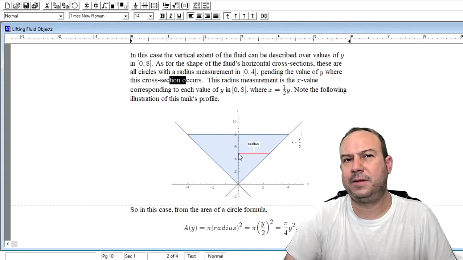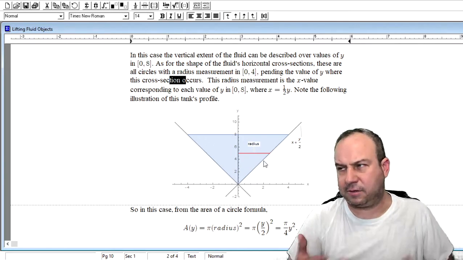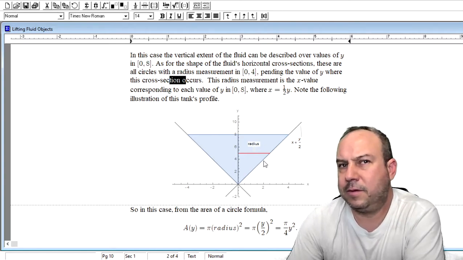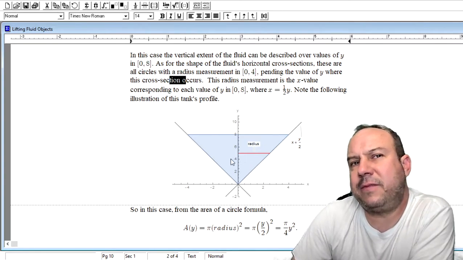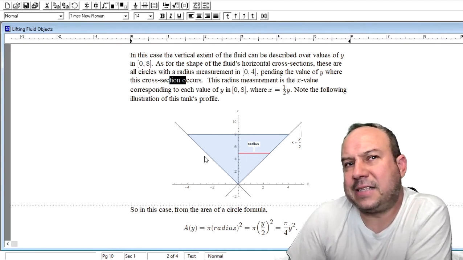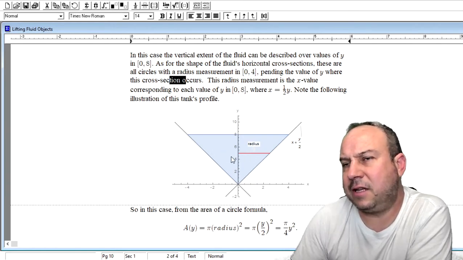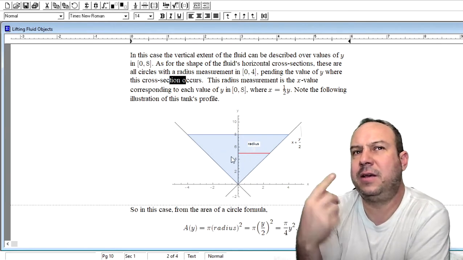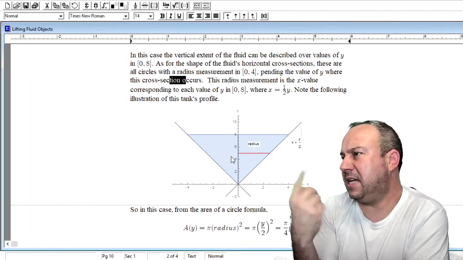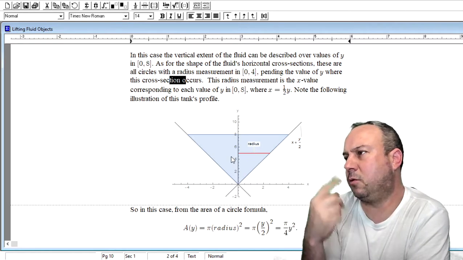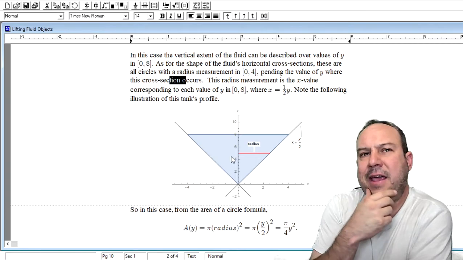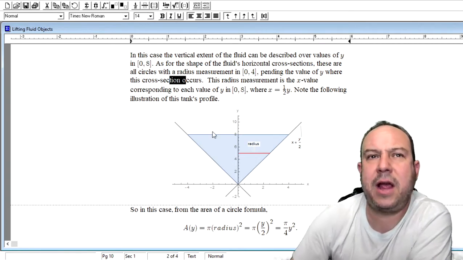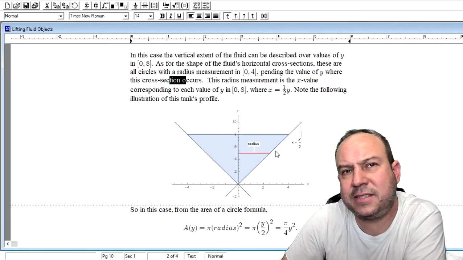Here is the profile of our conical tank of fluid. We can see that if we were to slice this horizontally and revolve that slice around the y-axis, it would form a disc or a circle in shape, where that circle we know is going to have an area described by pi r squared, and its radius is going to be the distance here.